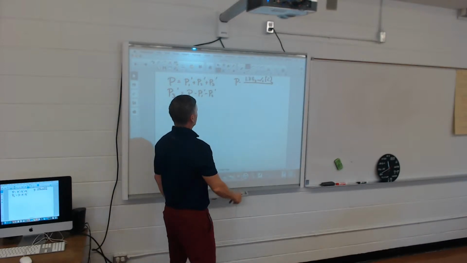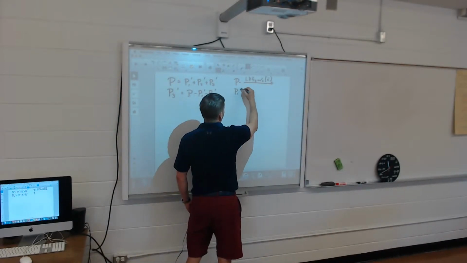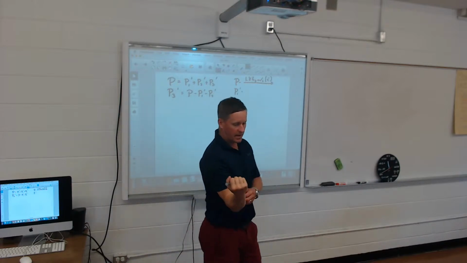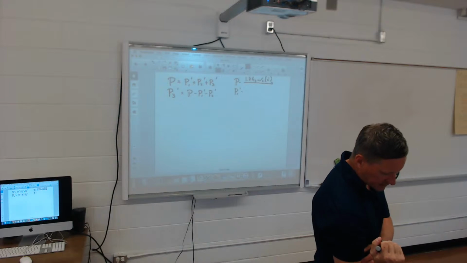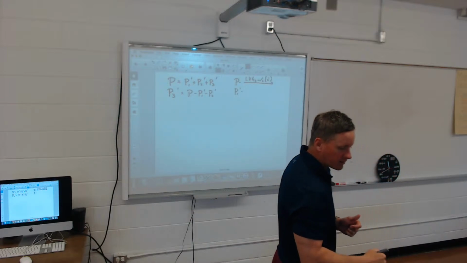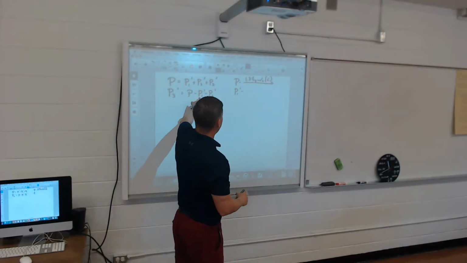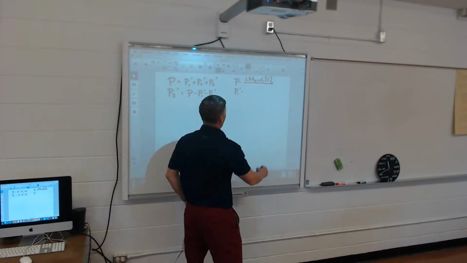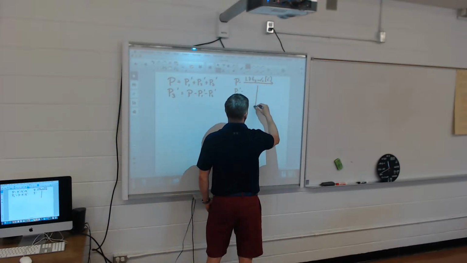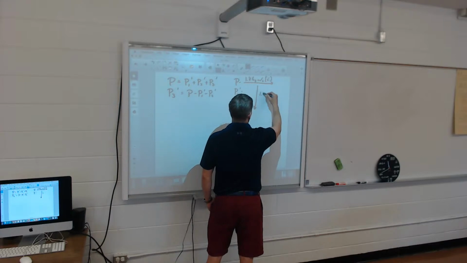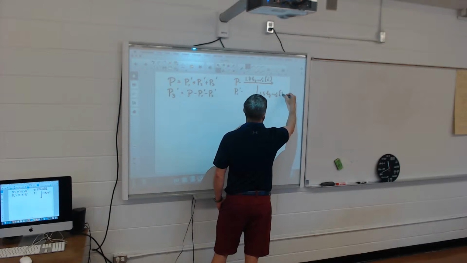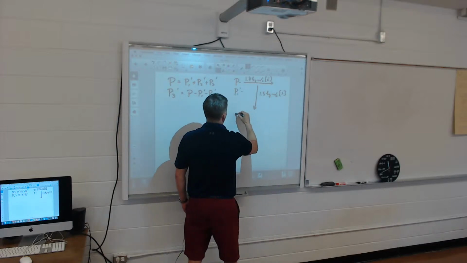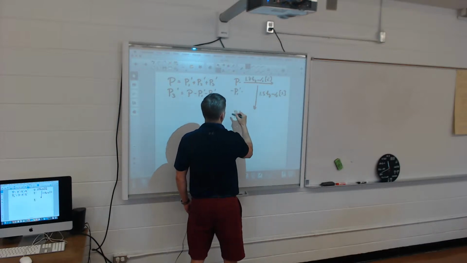P1 prime is 0.5 times 3 meters per second to the north, but I need the negative of it, so I'm going to make it to the south. That's negative P1 prime.